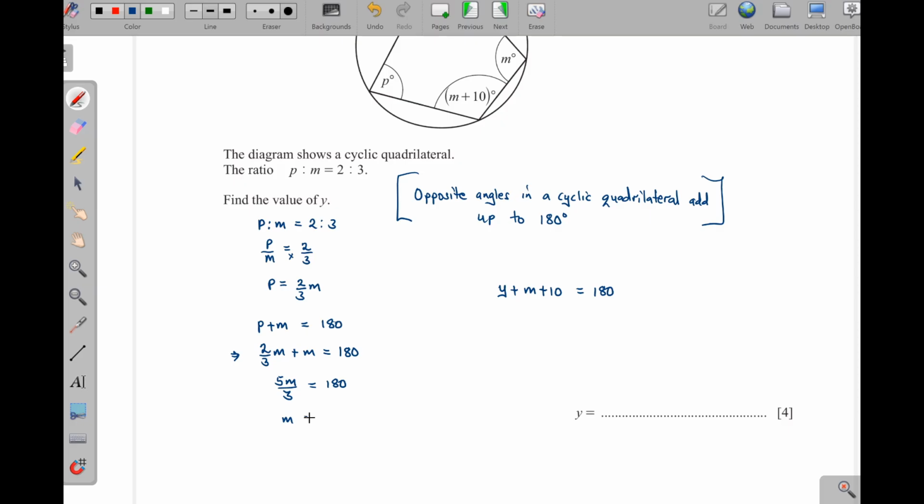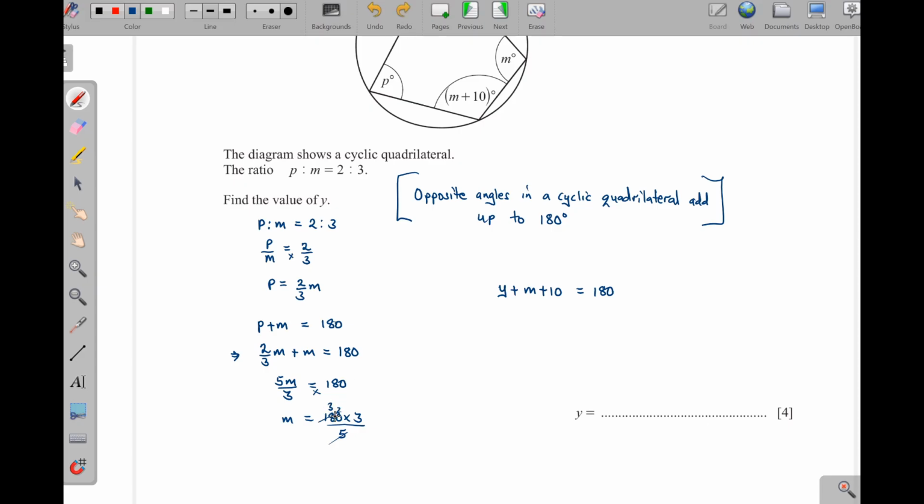Then our m will be, cross multiply, you have 180, then times 3. Then after, you divide by what? 5. 5 goes into 18 how many times? 3 times. So that will be a 15. 3 times 5, that's a 15. Then 18 minus 15, you get a 3.